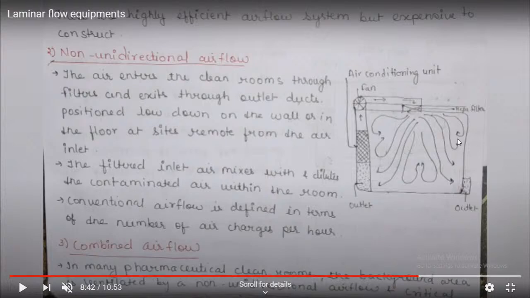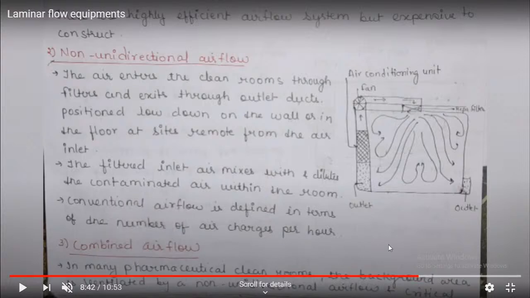See, in unidirectional the air passes in one direction, whereas in non-unidirectional there is no single direction, because there are separate inlets and outlets low on the wall. Next, combined airflow.